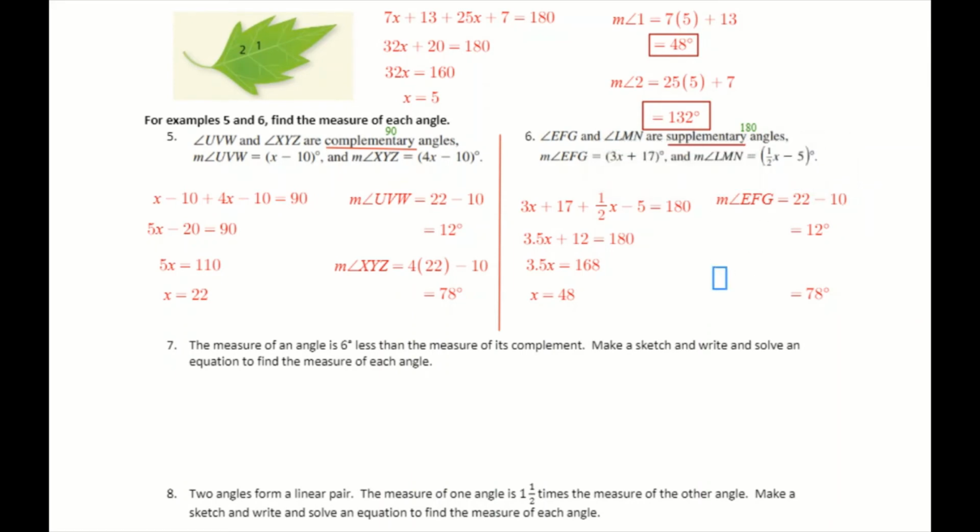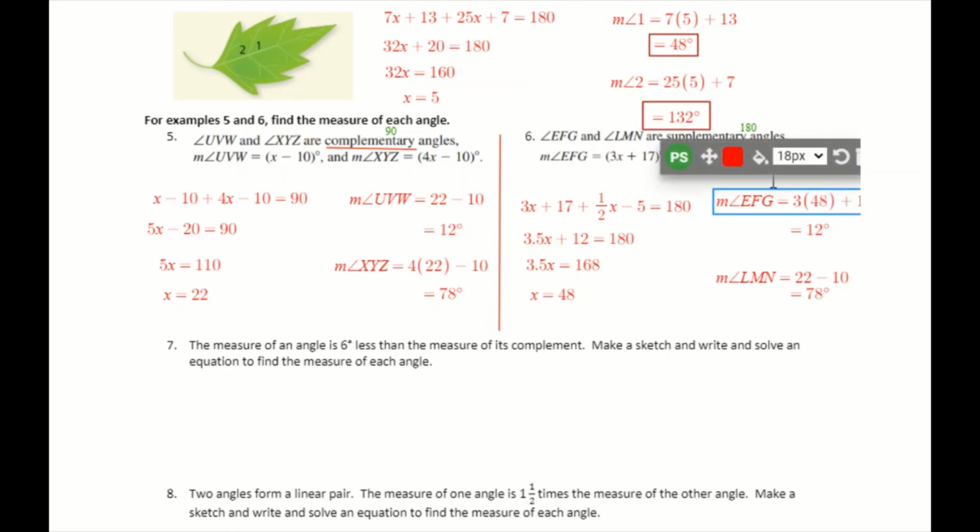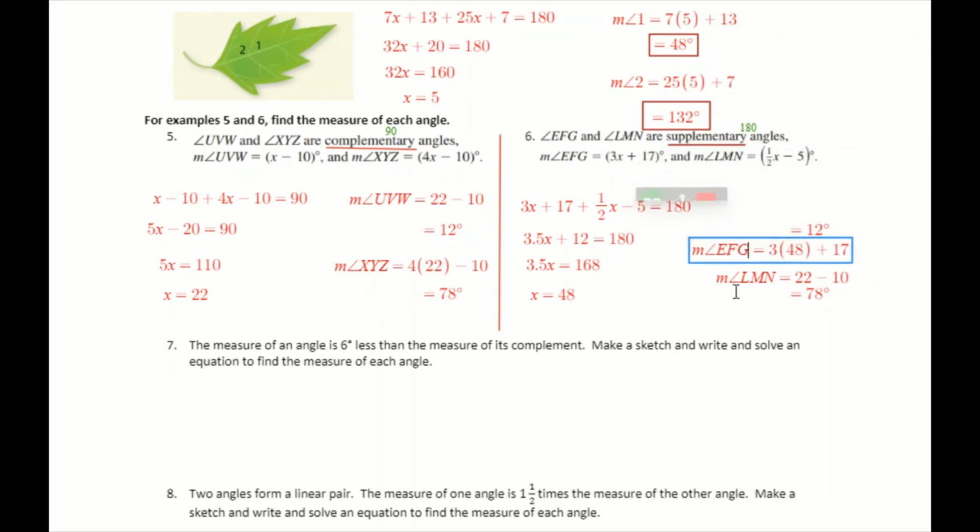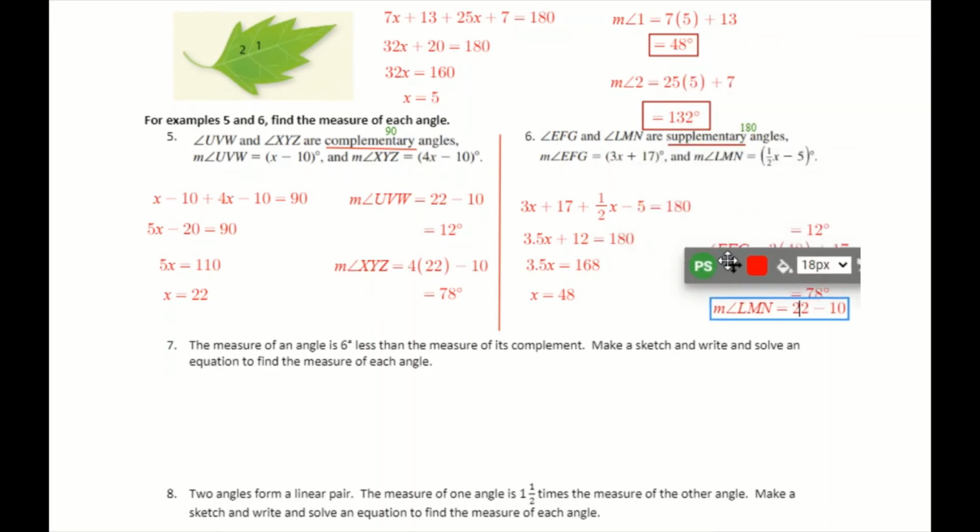So we got EFG and we got LMN. Okay, so EFG is 3x plus 17, so that would be 3 times 48 plus 17. We're falling off the page here, so I'll just bring this down a little bit.